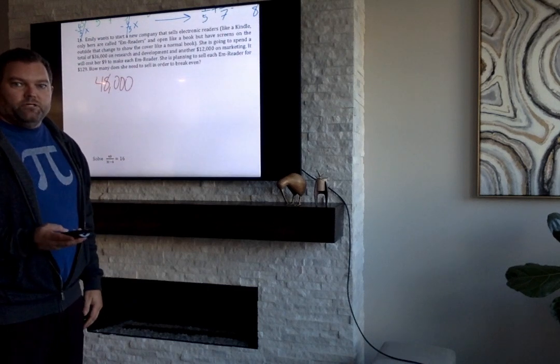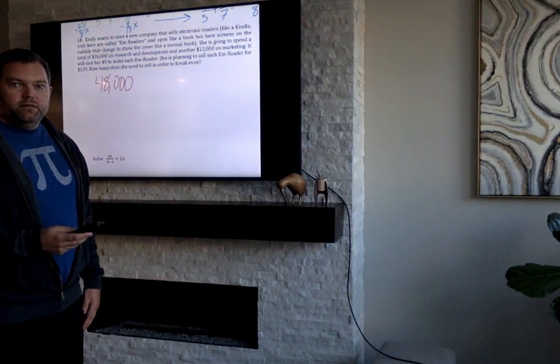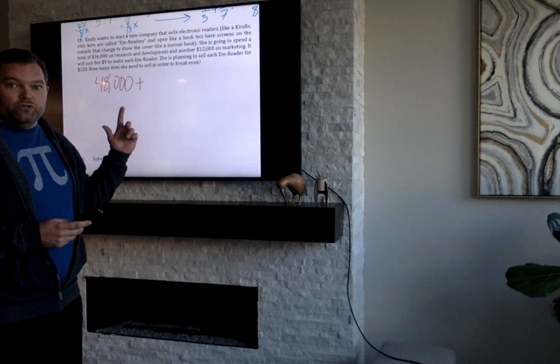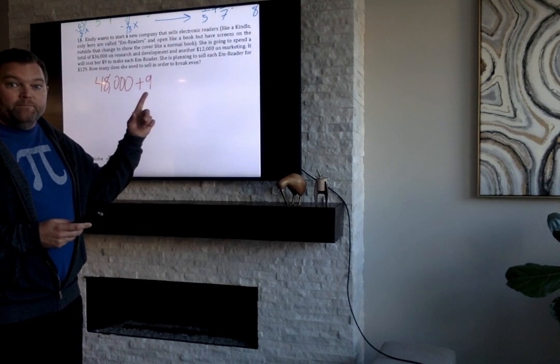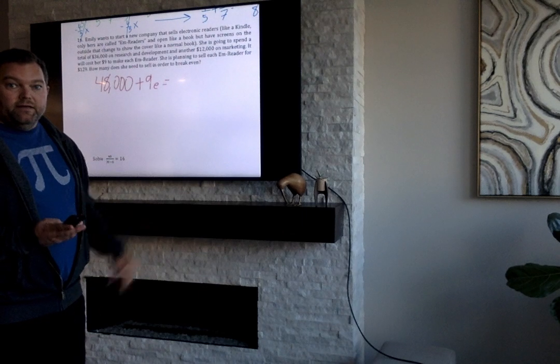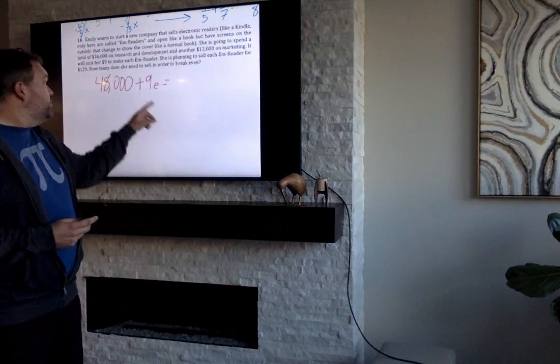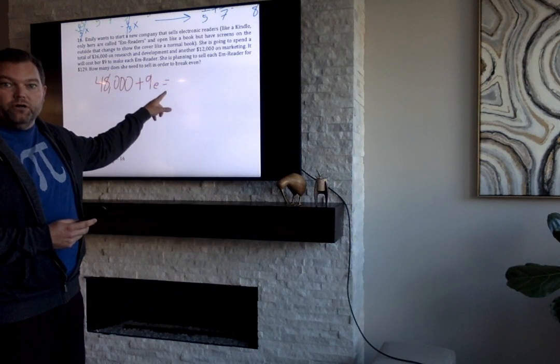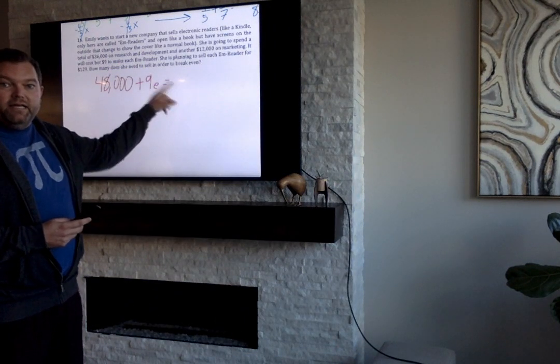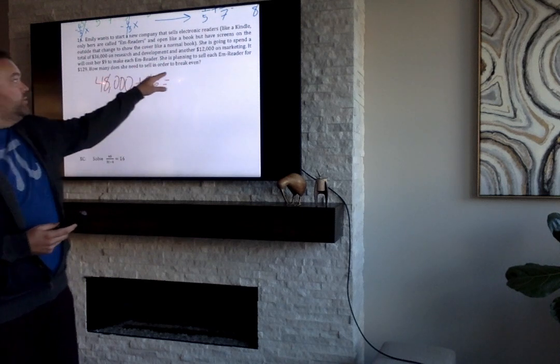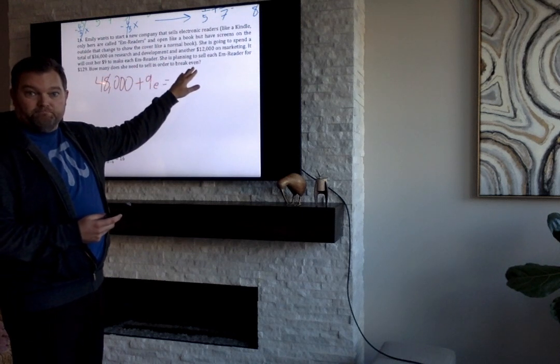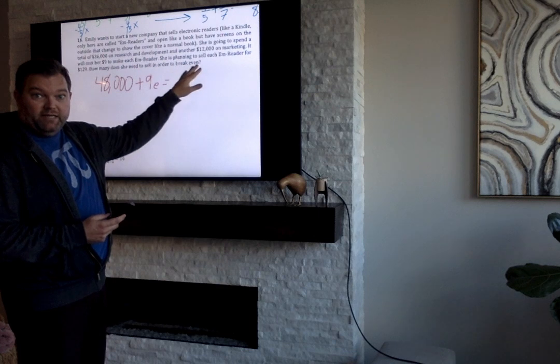So look at how I represent that in this equation. So 48,000, that was from research and development and marketing, plus 9E, meaning $9 per e-reader, 9E. Now I've got equals because in the last two words of this whole thing, it says break even.